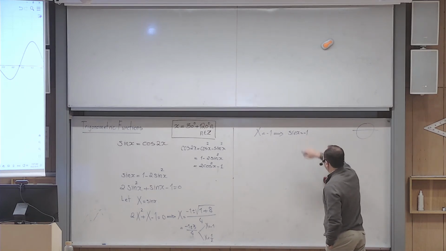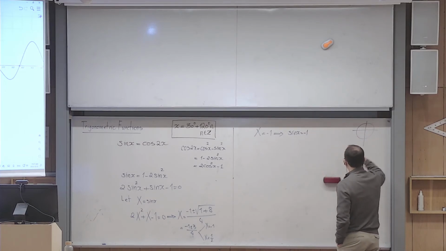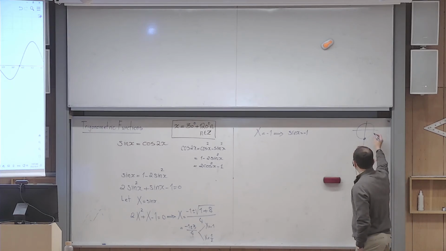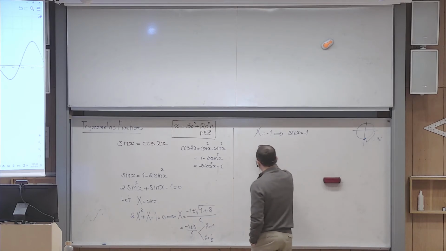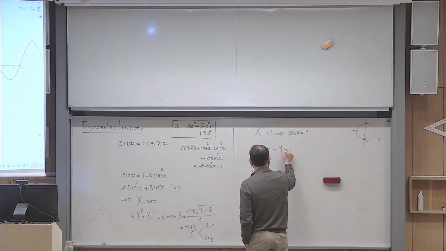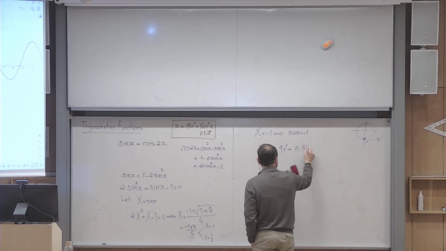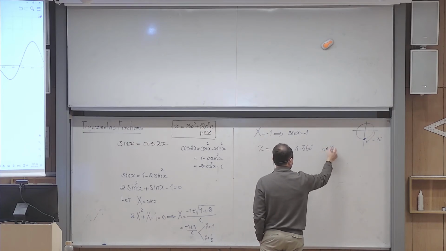Where sine x is minus 1, sine is the y coordinate. I want to have the y coordinate minus 1, so that is just one single point. So this point is minus 90 degrees. So the answer becomes what? Minus 90 plus 360 times n. Do you agree? So n belongs to Z. So that is one part.